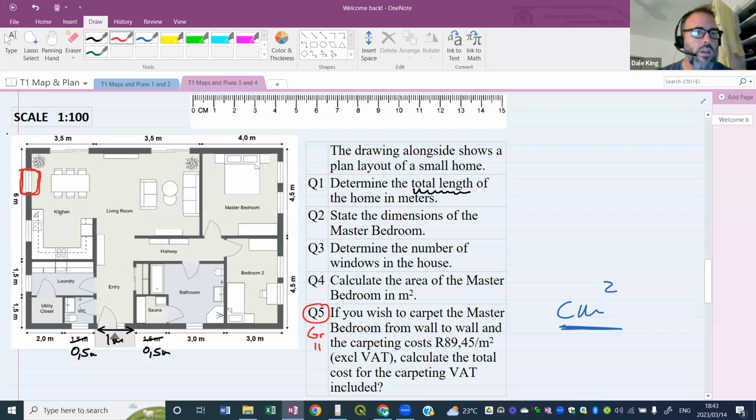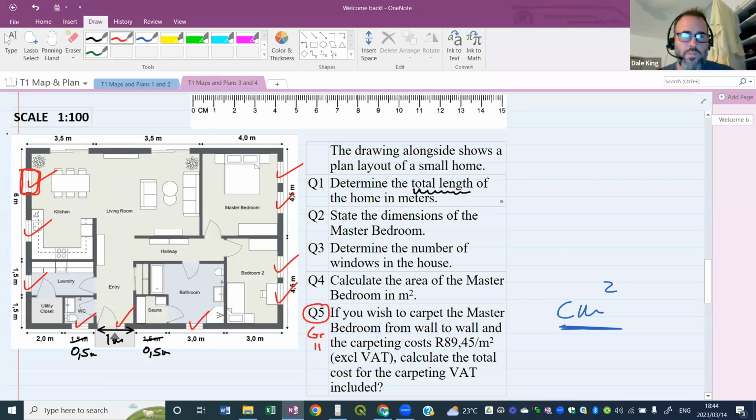So we just counted how many there were. We've got 1, 2, 3, 4, there's a tiny one by the door, 5, 6, 7, 8, 9, 10 windows altogether. So that was question 3, determine the number of windows in the house.